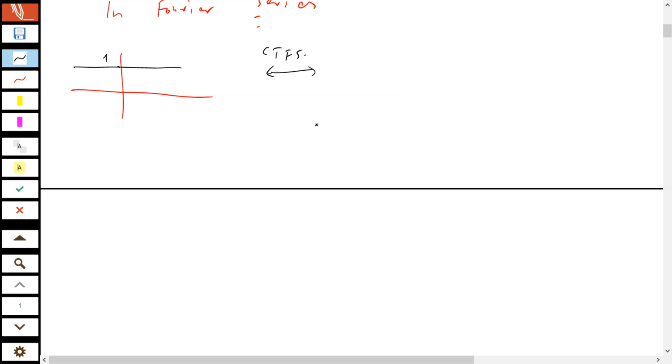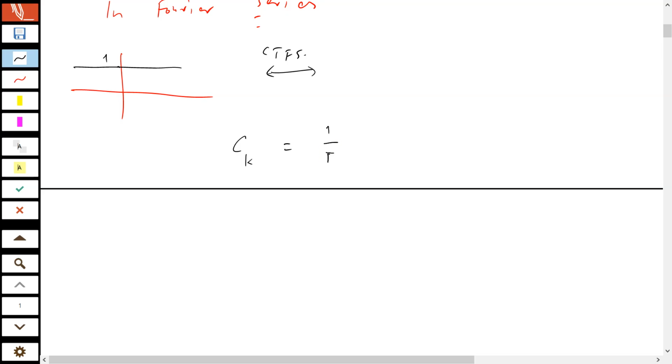What will be Ck for this? Can you recall? It will be infinite. You had this formula, right?